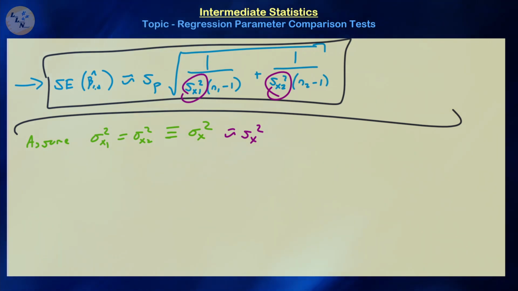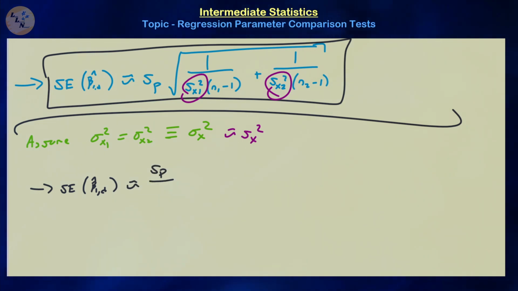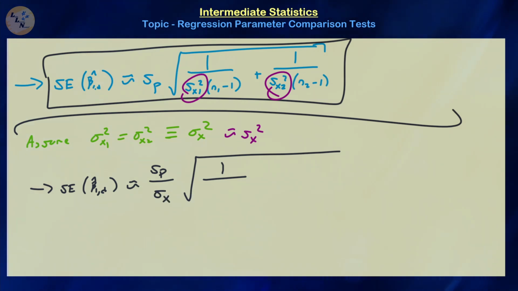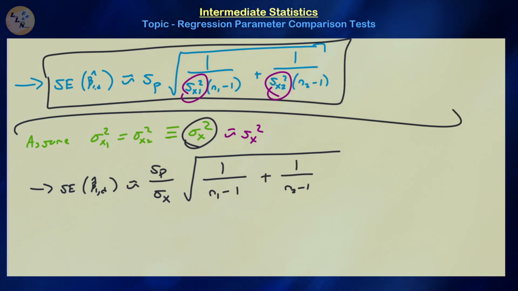So if that is the case, then our standard error for beta hat 1d would be approximately equal to s_p all over s_x times the square root of 1 over, actually let's write it 1 over sigma x, because that's technically what we're approximating first. Then we're going to have n1 minus 1 plus 1 over n2 minus 1. All right, so nice little radicand there.